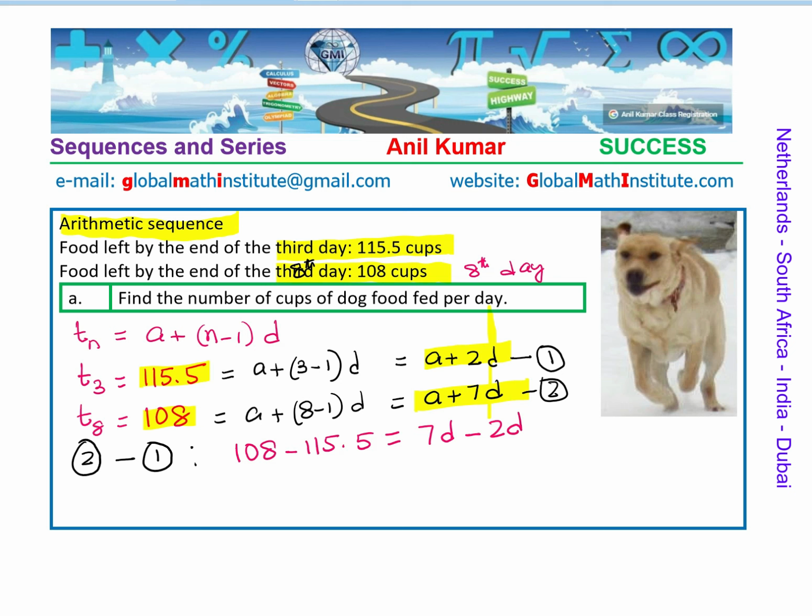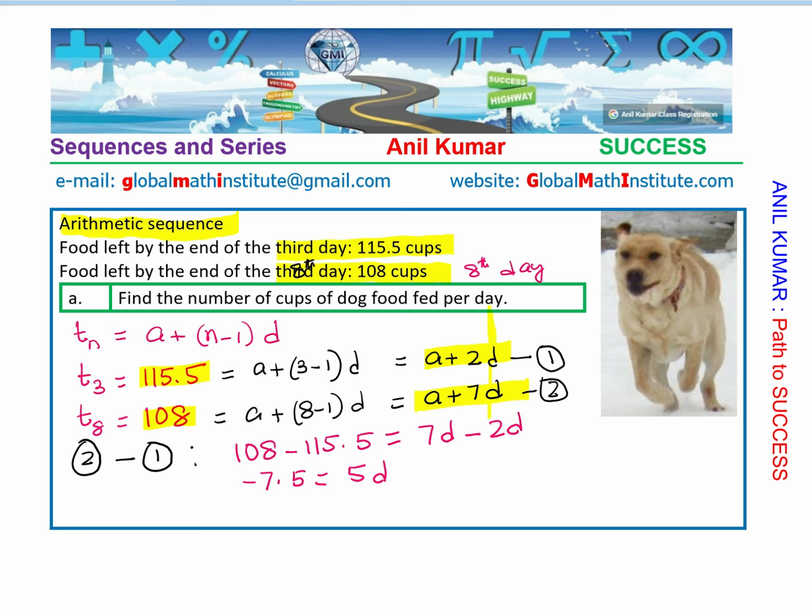And now you can simplify both sides. We have 108 minus 115.5, and that gives you in decimal minus 7.5. On the right side, 7d minus 2d gives me 5d, and d is the daily consumption in this case, right?